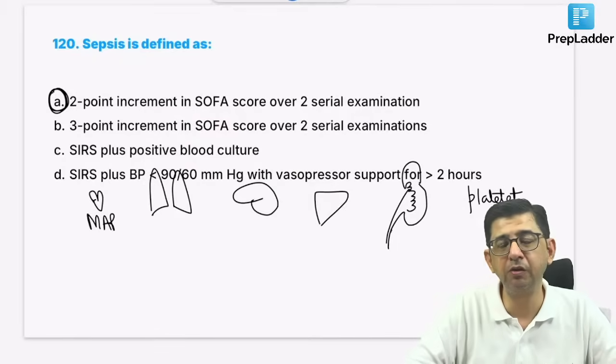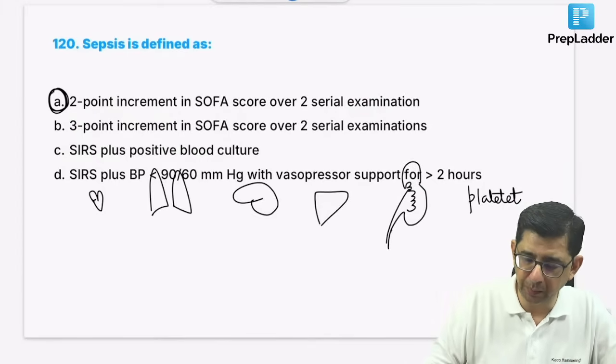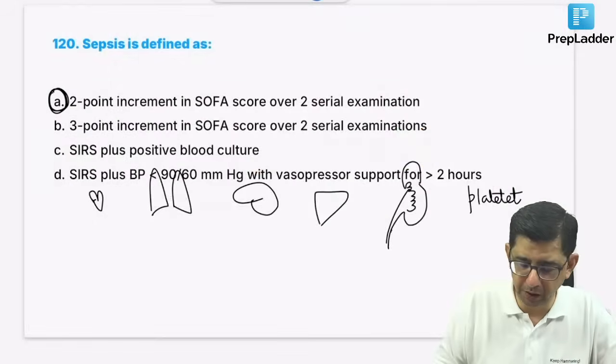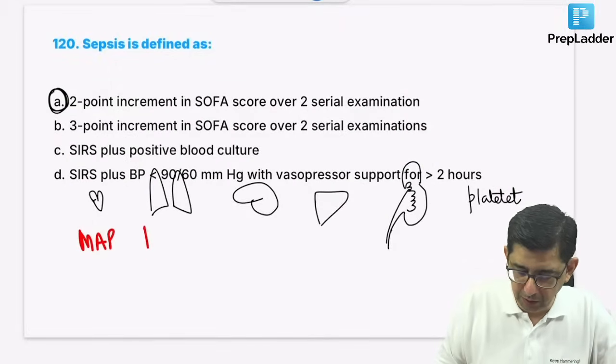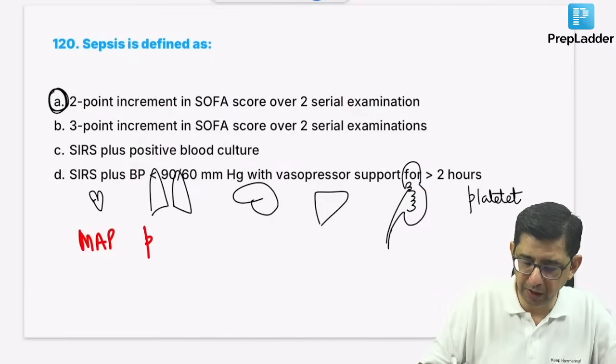In a sequential organ failure assessment, we'll be checking the heart of the patient. What I mean by checking the heart is the parameter that will be assessed by you will be mean arterial pressure. For the lungs part, it will be PaO2 FiO2 ratio, that is ARDS, na?